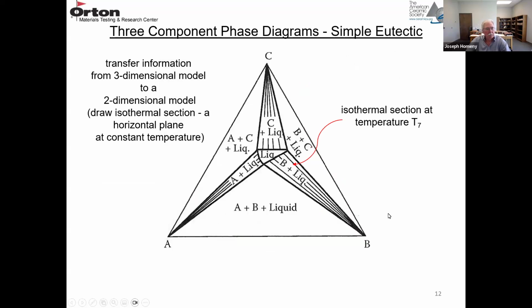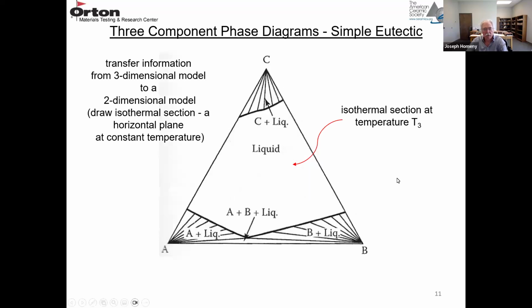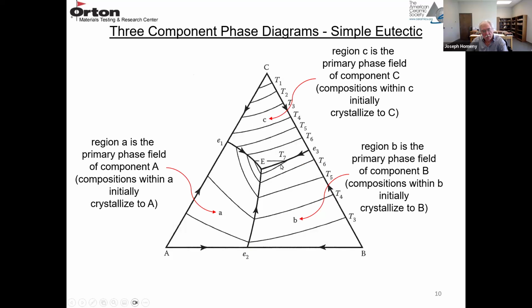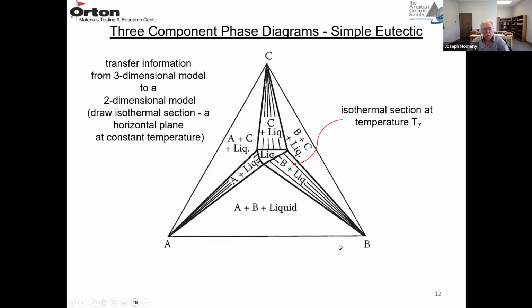So another isothermal section at temperature T7 on that same diagram. T7 is right here, very close to the eutectic. So right in the middle, we have all liquid, and then this region is C plus liquid, this region is B plus liquid, and then this is A plus liquid.